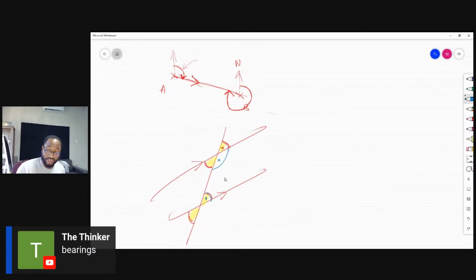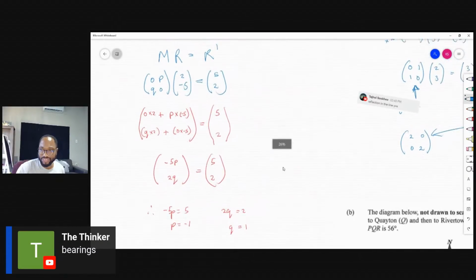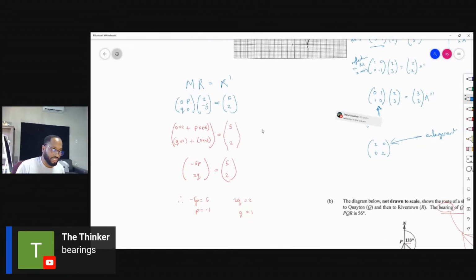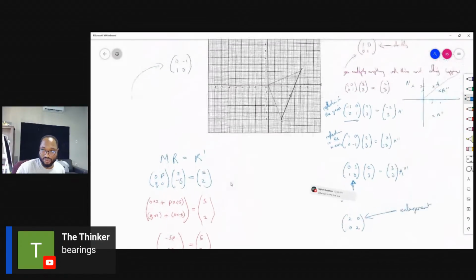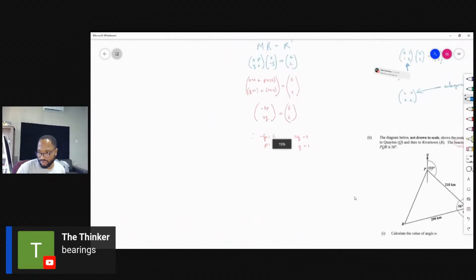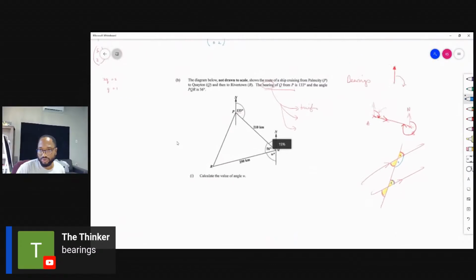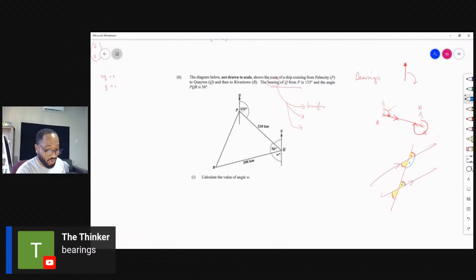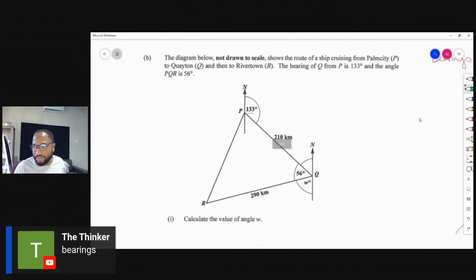So bearings tests on that, and it also tests on the heavier side of trigonometry, which is the cosine rule and the sine rule. You must know all of those things and be able to spot them in a question to do bearings, which is why bearings is the one that knocks people out.